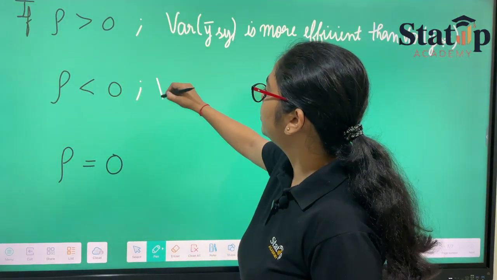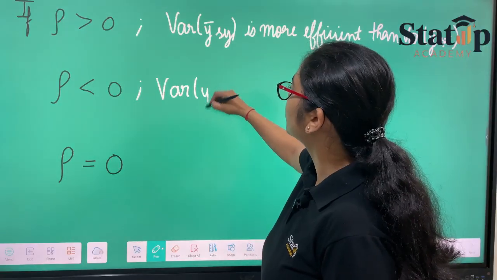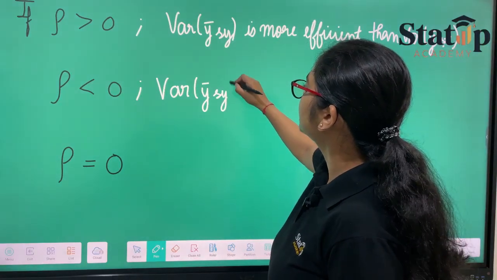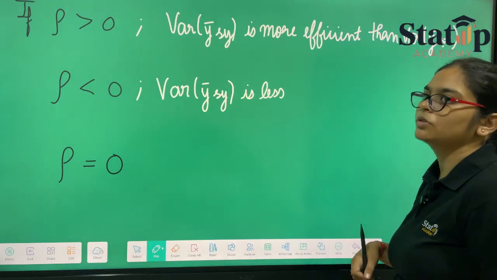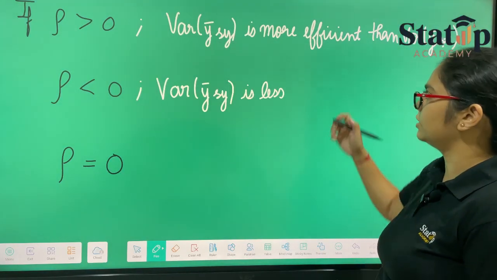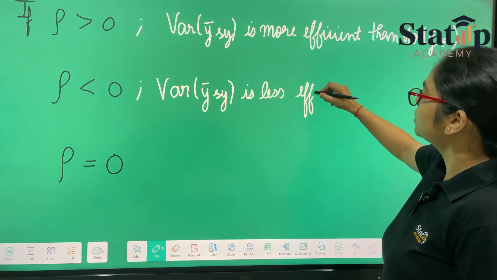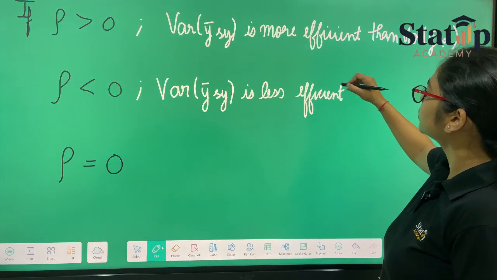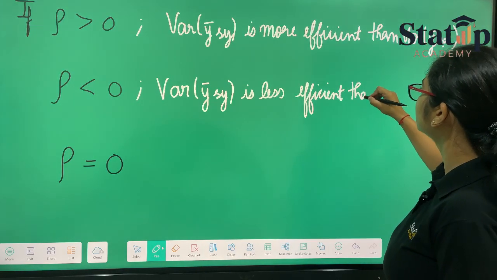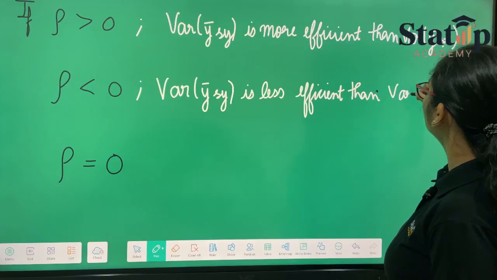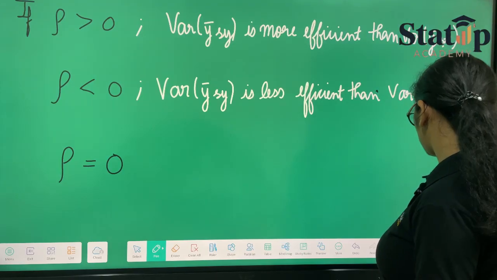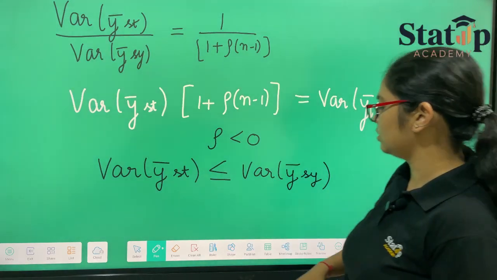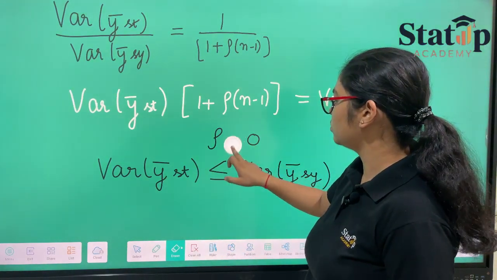So we'll write it here. Variance of systematic is less efficient, because we are talking about systematic, so we'll talk with respect to that only. Less efficient than variance of stratified. And what happens if rho is equal to 0?